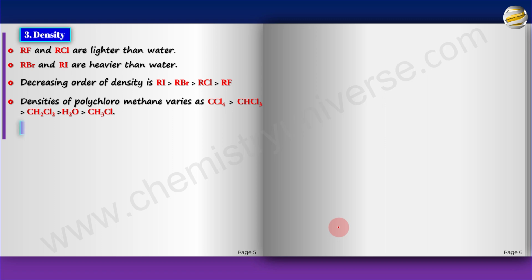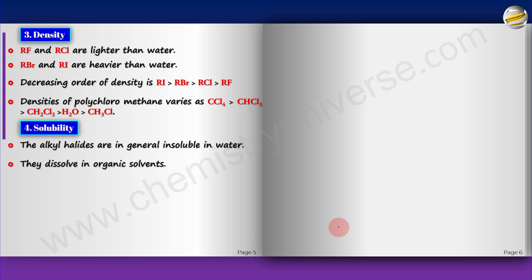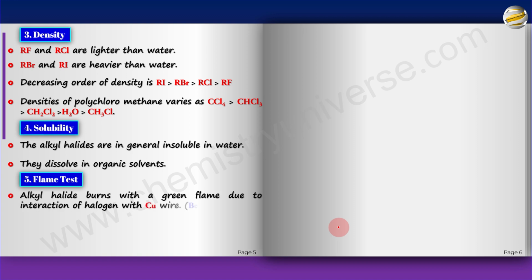Then we have solubility. Now the alkyl halides are in general insoluble in water, but soluble in organic solvents. We even talk about flame test. Now, alkyl halides burn with a green flame due to their interaction with copper in the copper wire, and this is called the Beilstein test.